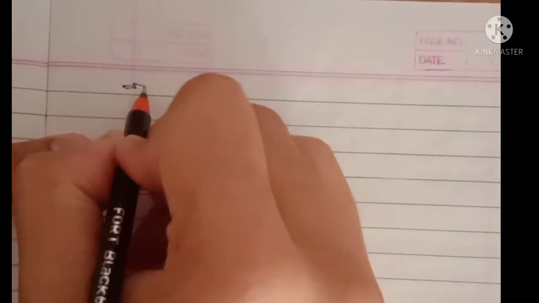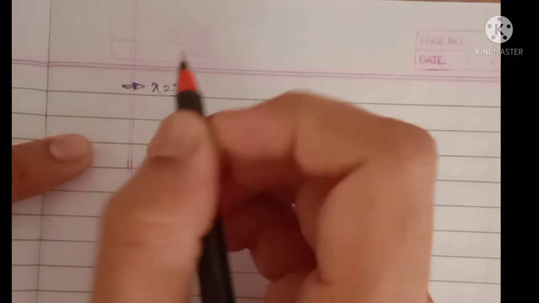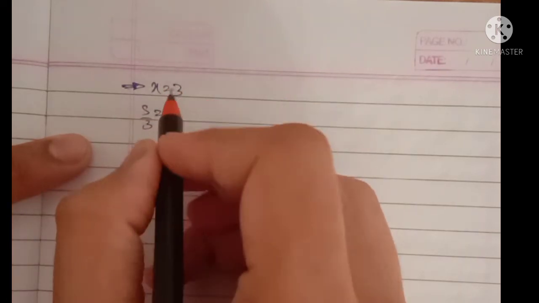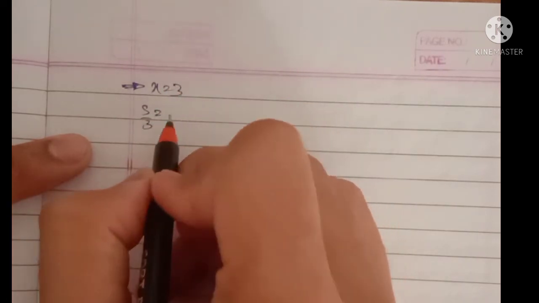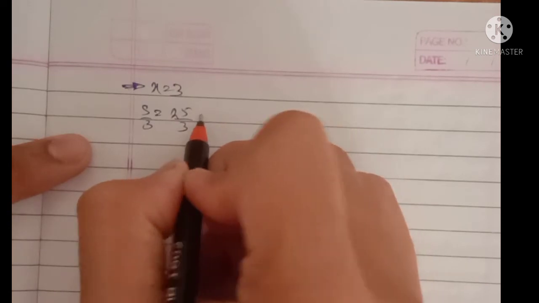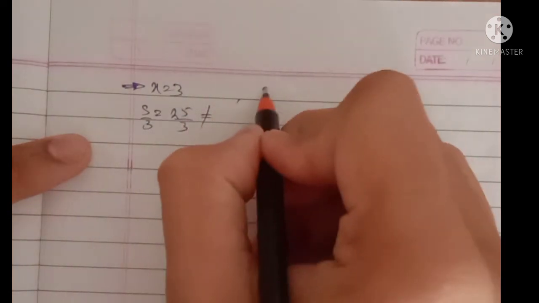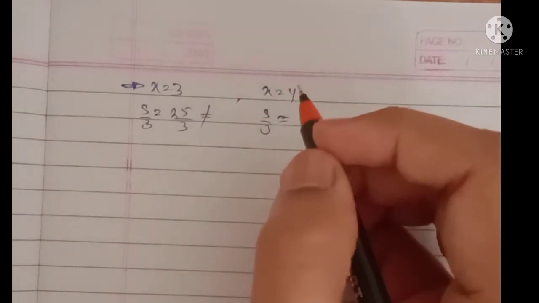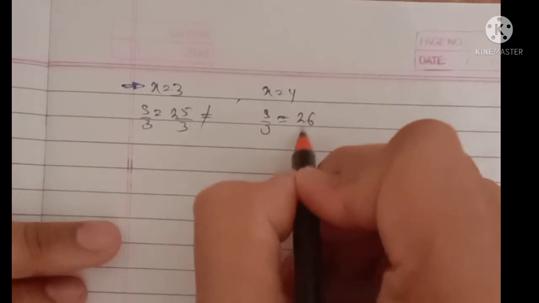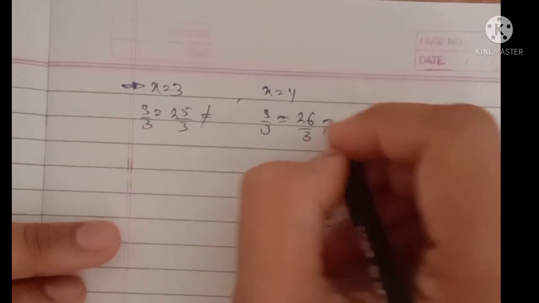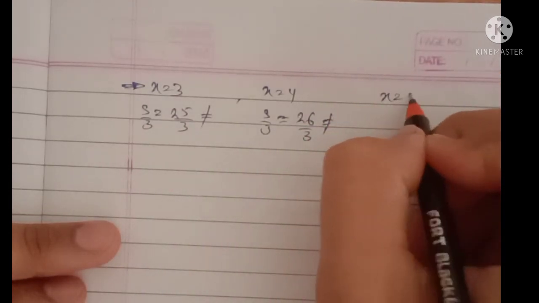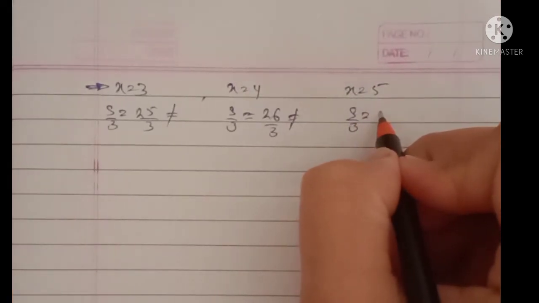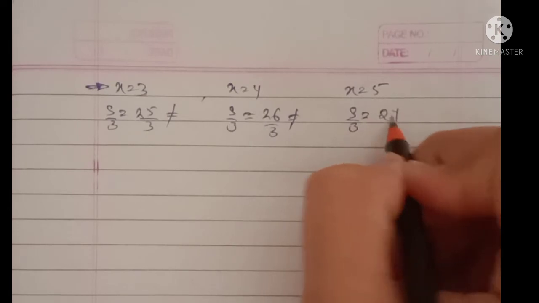Suppose x equals 3. That is 22 plus 3, which is 25, not divisible by 3. x equals 4, so 22 plus 4 is 26, not divisible. So 5: 22 plus 5 is 27.